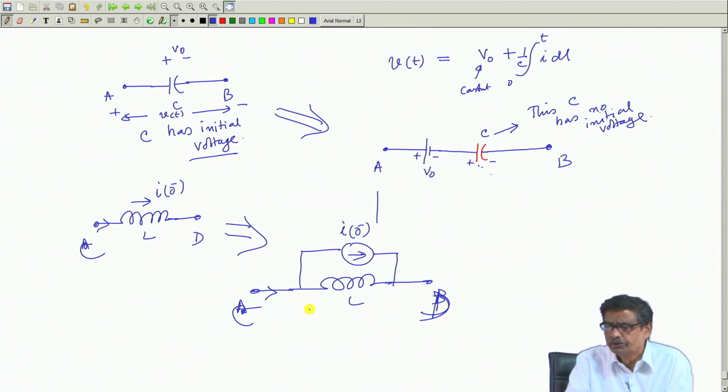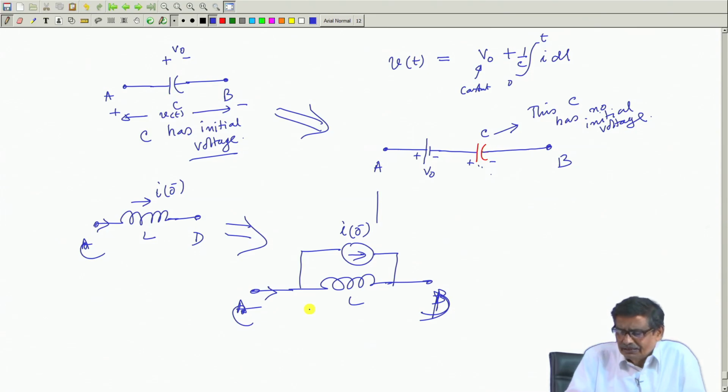It has nothing to do with this transformation. But now we will look ahead and we will try to apply several network theorems. Formally, I have not told you anything about network theorems like superposition theorem, but this is the time I slowly start telling about those things.